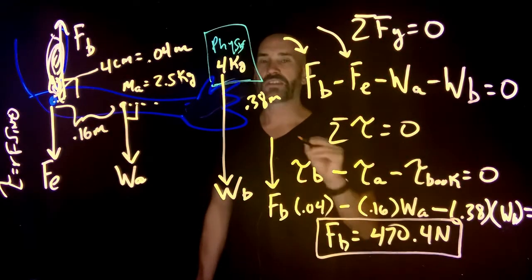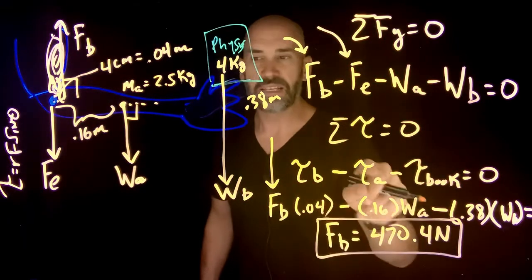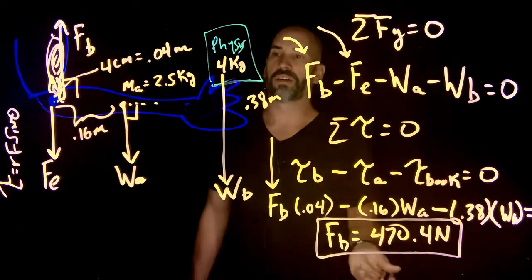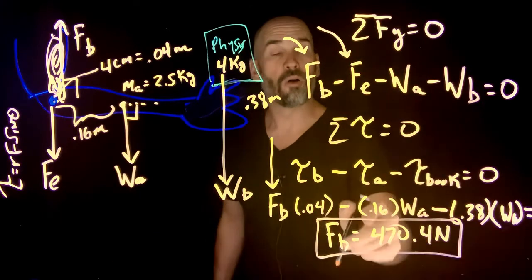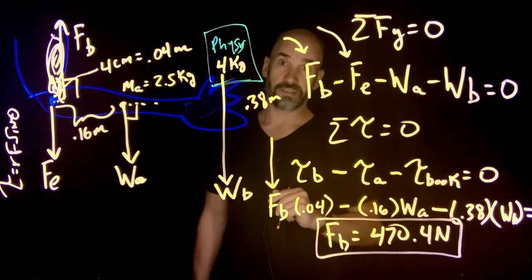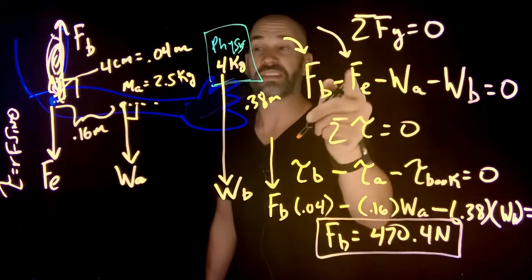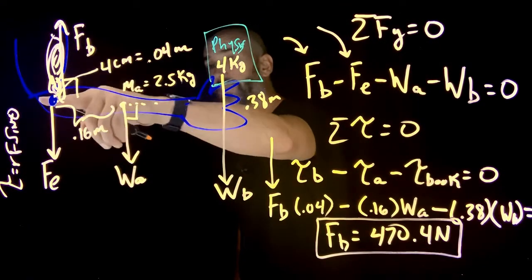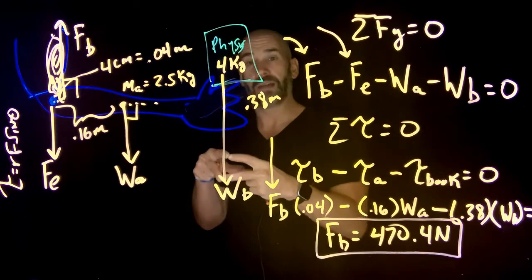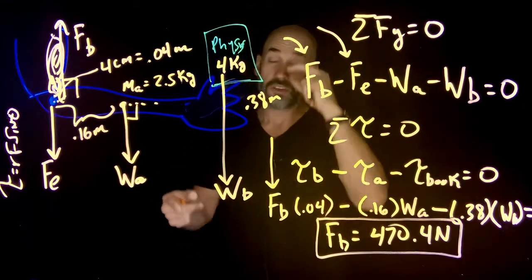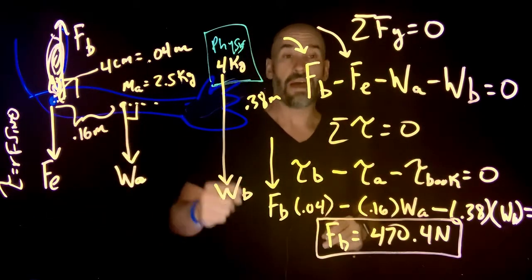Okay, I just found out what the bicep needs to apply to my arm in order to hold up that physics book. But are we done? No, we also need to find out what is the force that the elbow has to endure, the force on that socket, which is basically a normal force. So what force must the elbow have to endure?